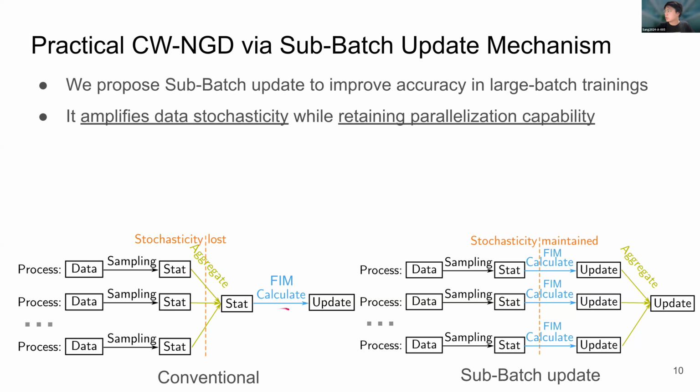But instead, we swap the order of the aggregation and the calculation, and we calculate the update earlier in each process. With this update mechanism, we can maintain the stochasticity of the data, and thus we can improve the generalization capability of the trained network while we maintain the parallelization capability of the training.